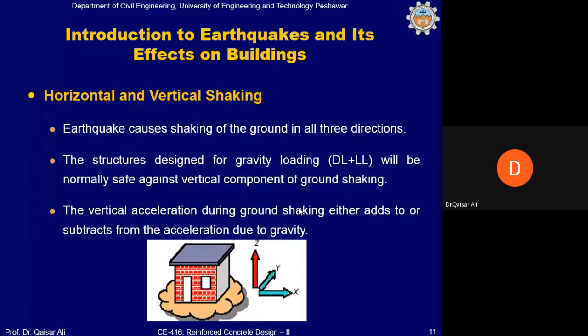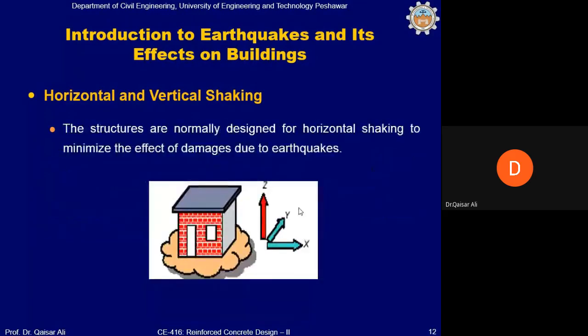Normally, in today's engineering design practice, we design our structures, or we analyze our structure along X and Y direction for the earthquake forces, and the Z direction is indirectly taken into account because, as I said earlier, the vertical acceleration along Z direction will either increase the weight of the structure or decrease the weight of the structure at the same instant of time when it is being hit along X and Y direction.